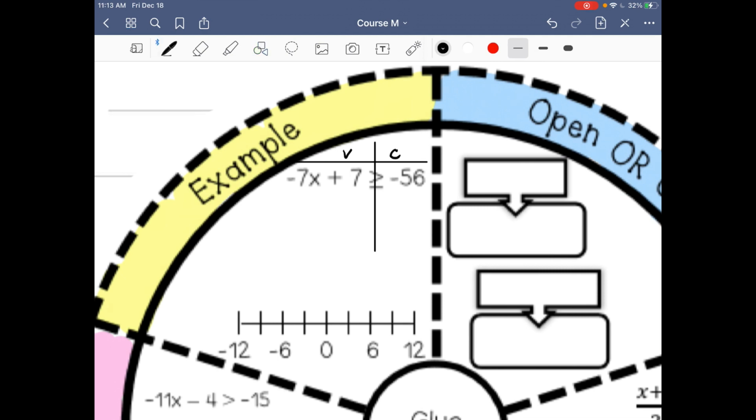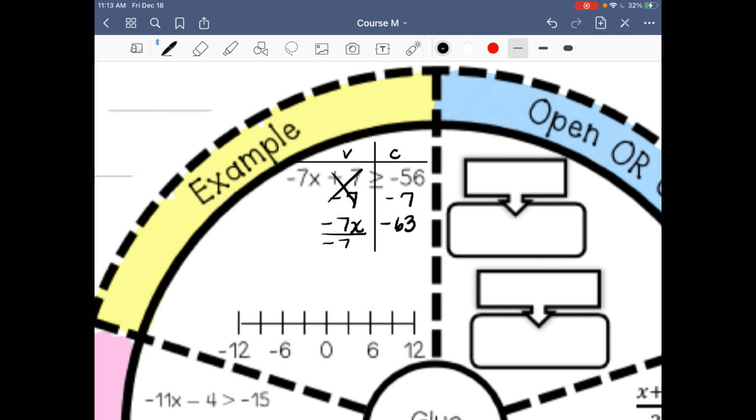Have variable and constant. So I need to move that positive 7, and we do that by minusing 7. And we have negative 7x and negative, what's that, 63.